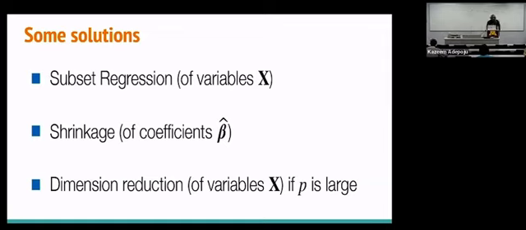And the last one is what we call dimensionality reduction. Has anybody heard about principal component analysis? Okay. So what we use in achieving that is principal component analysis.